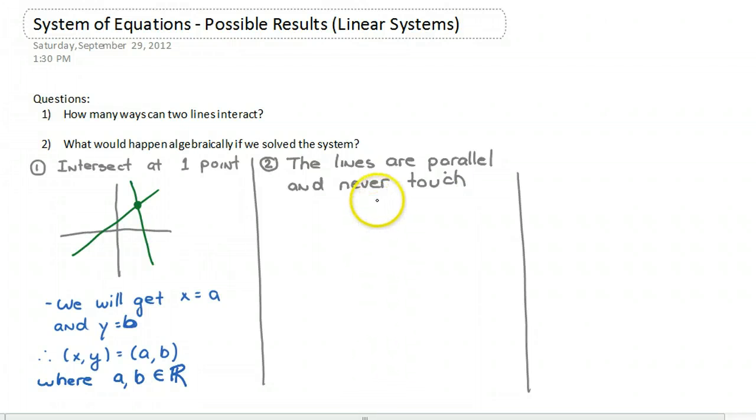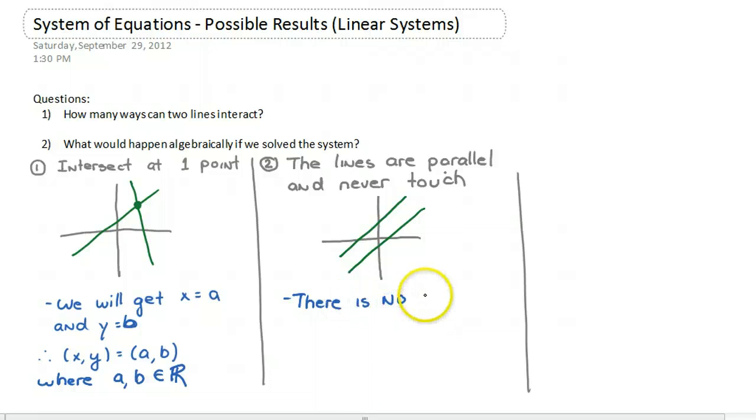So, to get a picture here, if we draw a graph, if we have two lines and they're parallel and they never touch, in this case, there is no solution. There is no point of intersection.